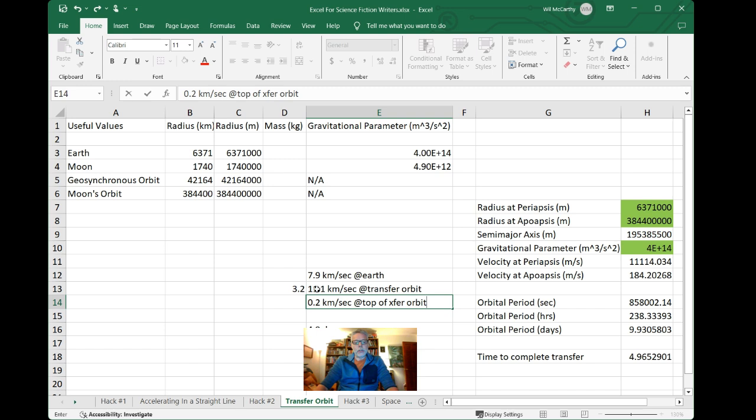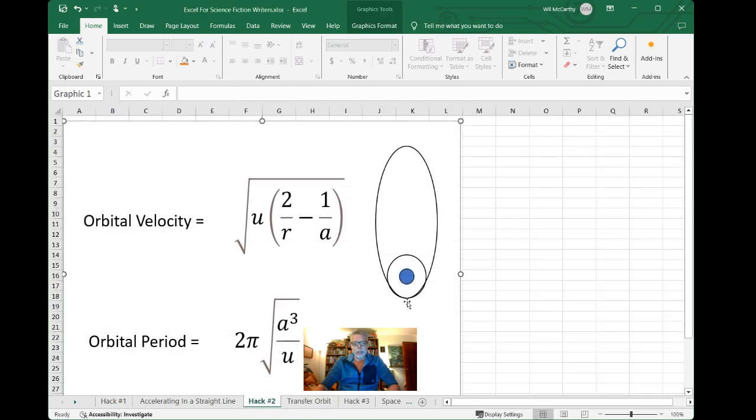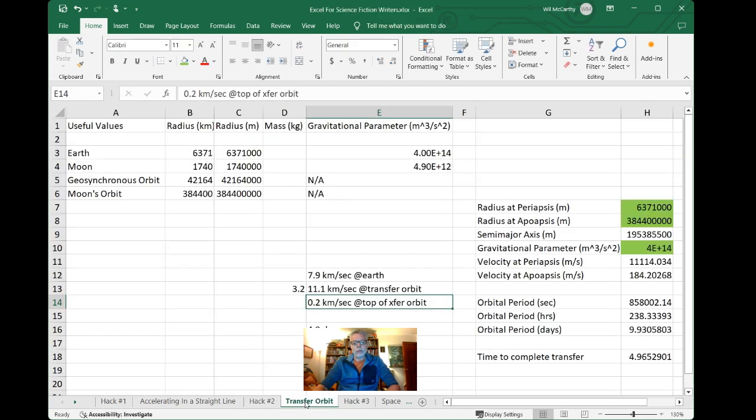So this isn't a delta V that we need to make. We just lose this velocity. We're starting out at 11.1 kilometers per second. But by the time we get to the very top of this ellipse, we're practically stopped. And then we speed back up and then we slow down just like that in a nice gentle orbit.